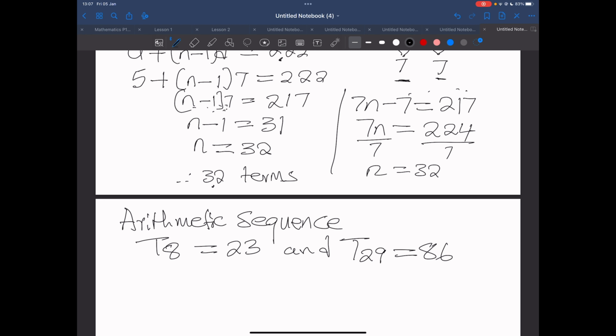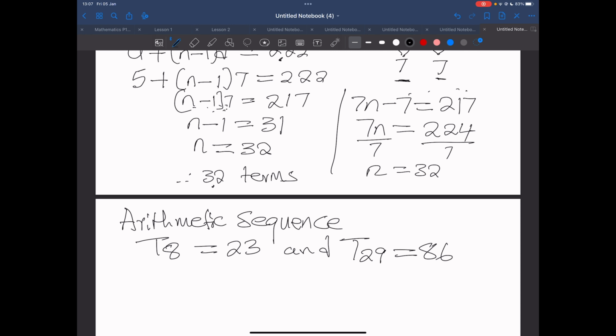But if you have forgotten this, you can start with your general term, a plus n minus 1 d, and start substituting. They want term number 8, put 8 there, so you write a plus 8 minus 1 d, and you come back to a plus 7d.